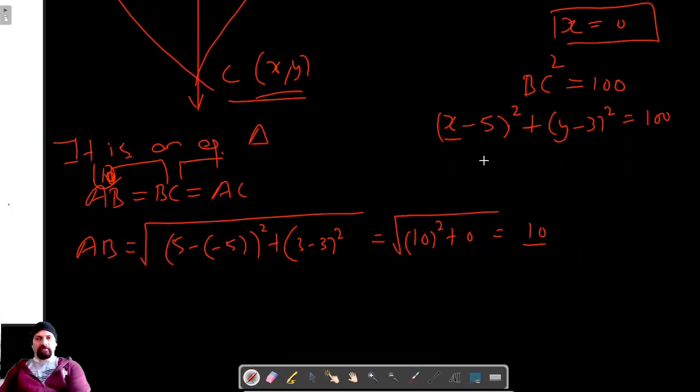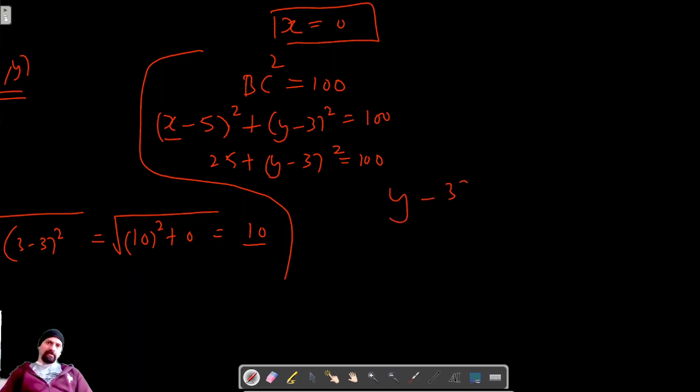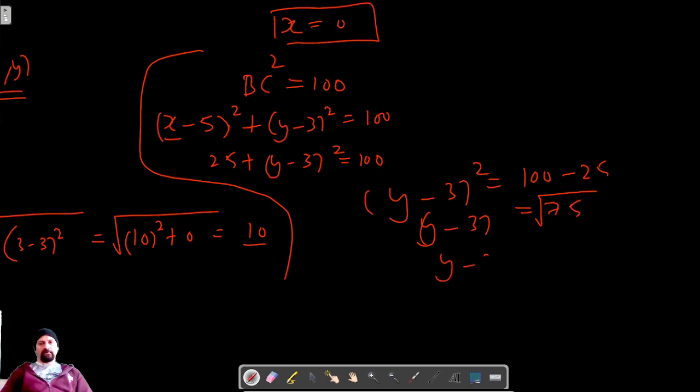Okay, x is 0, so this is minus 5 square is 25, and this is y minus 3 the whole square is equal to 100, which gives us y minus 3 the whole square is equal to 100 minus 25, which is equal to 75, and y minus 3 is equal to root of 75.